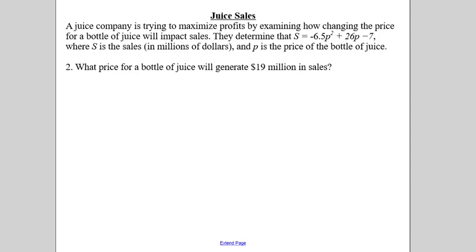Now the second question asks, what would the price need to be to generate $19 million in sales? So here, this time, we have the amount in sales, not the price. So we have that 19 equals negative 6.5 P squared plus 26P minus 7.